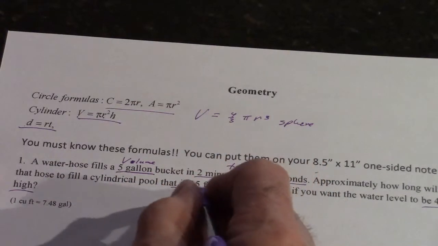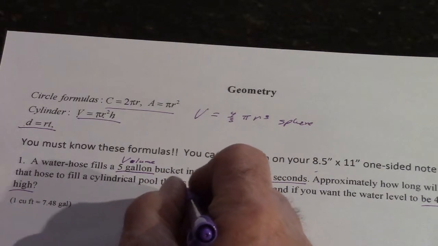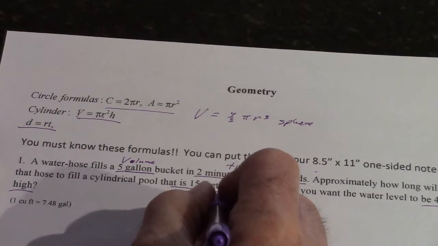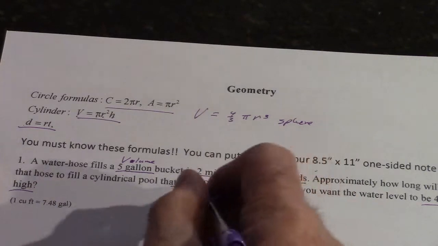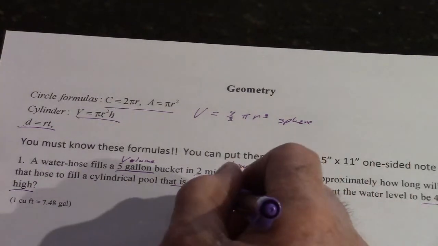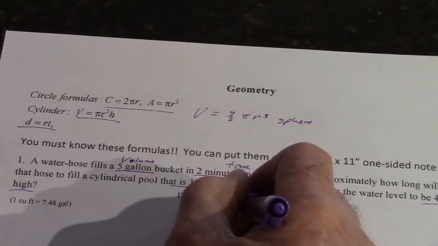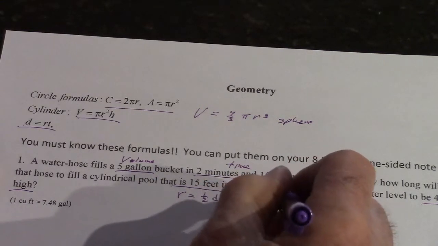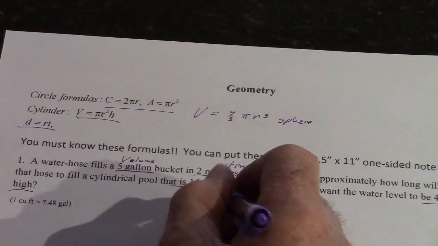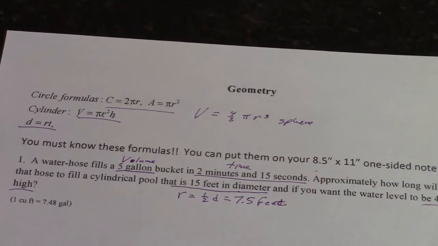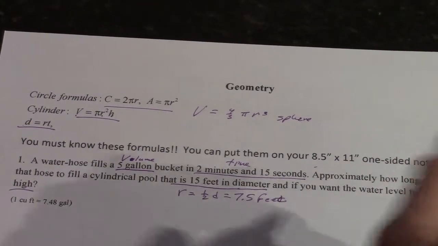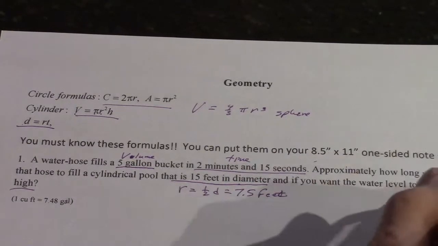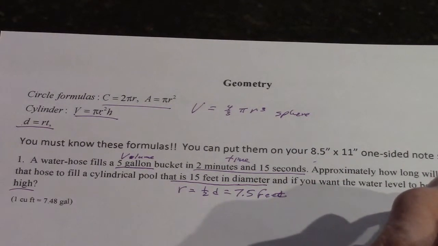So if the diameter is 15 feet, the radius is half the diameter, right? So half of 15 is 15 over 2, or 7.5 feet is the radius. Okay? 7.5 feet. And notice this is in feet, and then it gave us the height in inches.